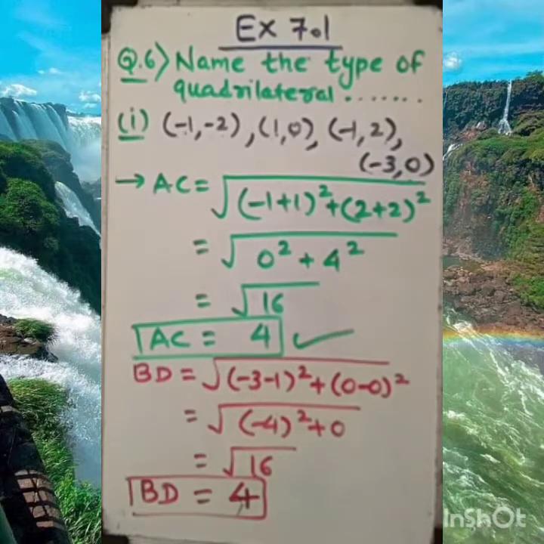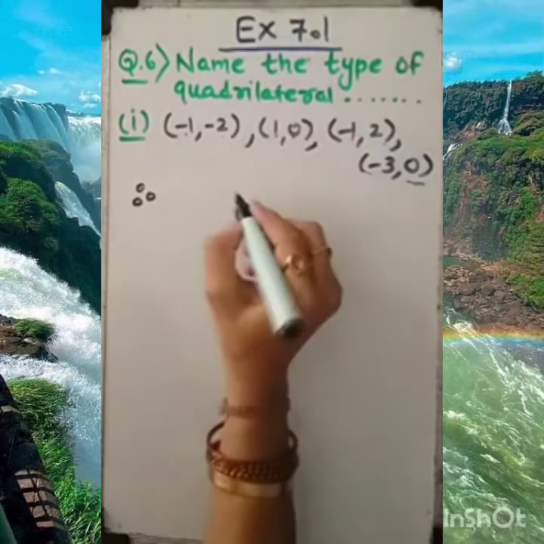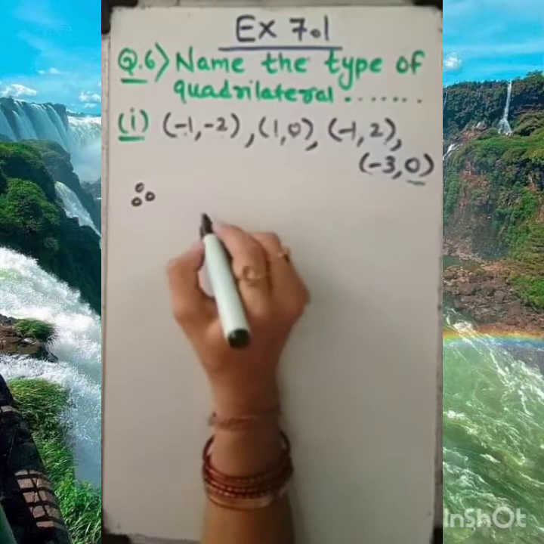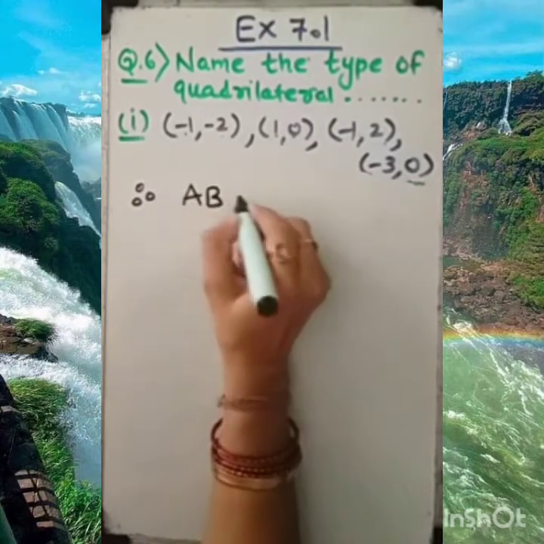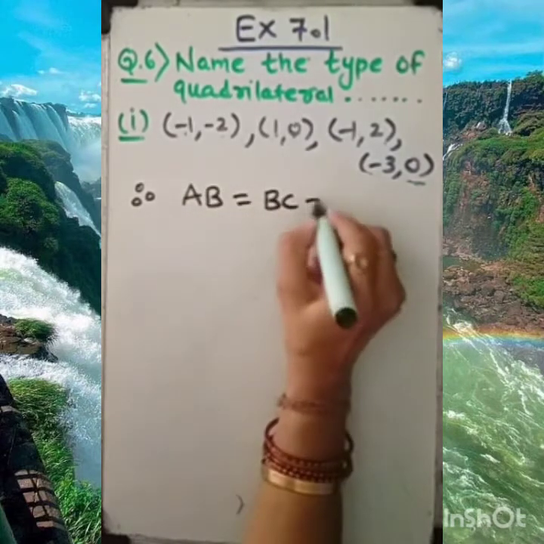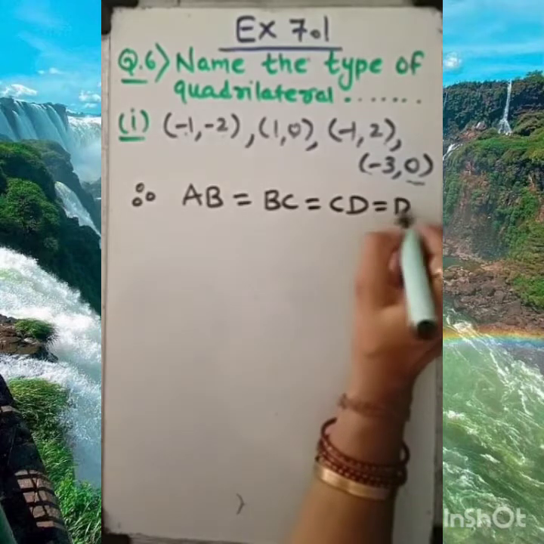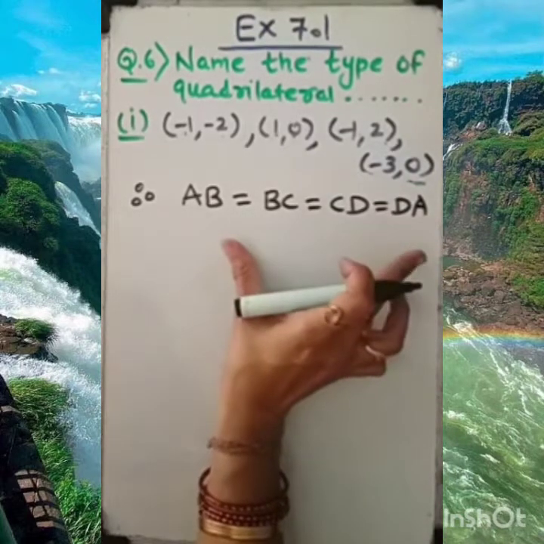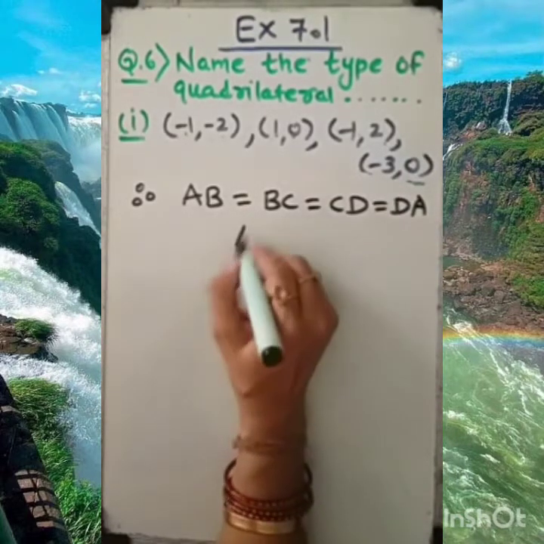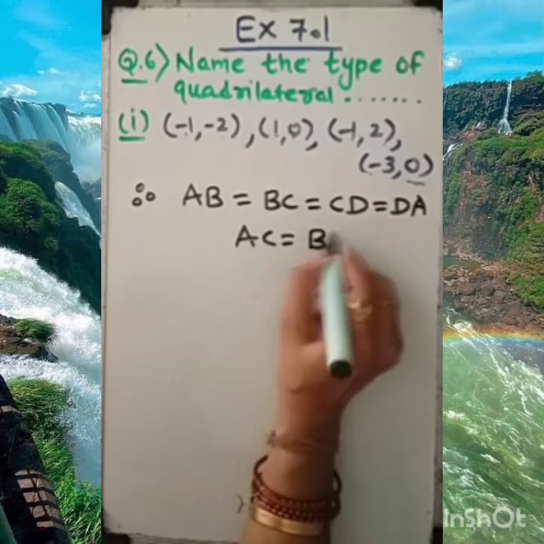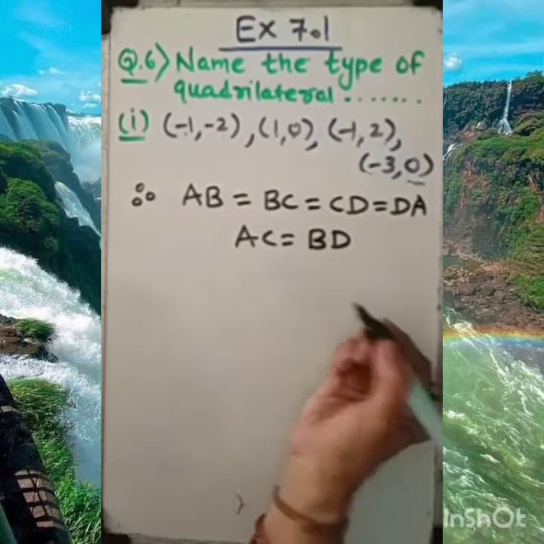So let's come to the final conclusion and note down. We need to write AB equal to BC equal to CD equal to DA, all four sides equal, and besides that AC equal to BD, diagonals also equal.